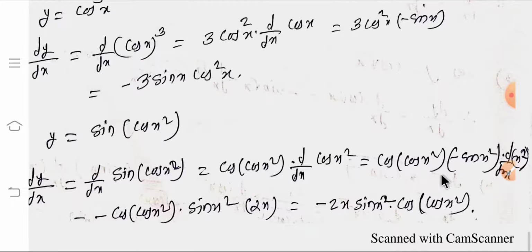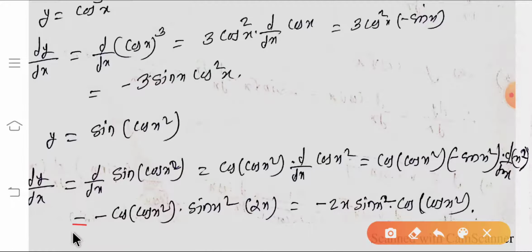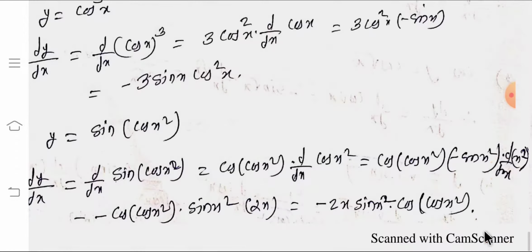So it comes minus cos(cos x²) sin x² into the derivative of x², which is 2x. So the solution is minus 2x sin x² cos(cos x²).